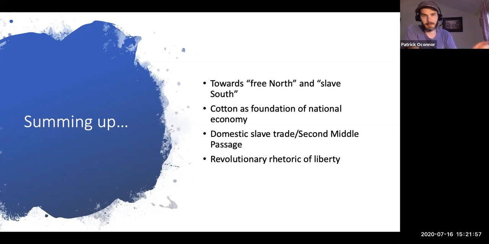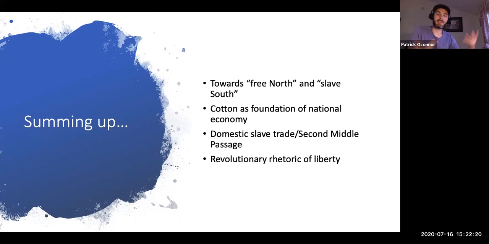And they did feel that way to some extent. But something unintended happened, which is Americans just started buying and selling enslaved people amongst themselves. And we have an extremely vibrant, extremely lucrative and large and long domestic slave trade that develops.